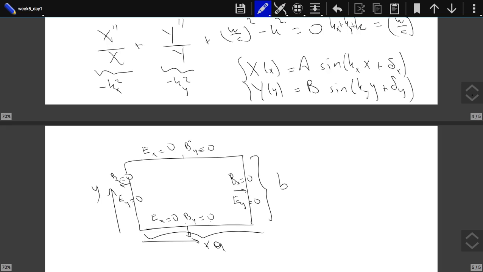So that is why, because of these boundary conditions that repeat themselves, I have to have the second derivative of y over y be a negative number, so that solutions will be such harmonic functions, and since they are harmonic functions, they will repeat themselves. Well, instead of the sine, let me use the cosine. Basically, I'm just changing the definition of delta x and delta y by pi over 2.